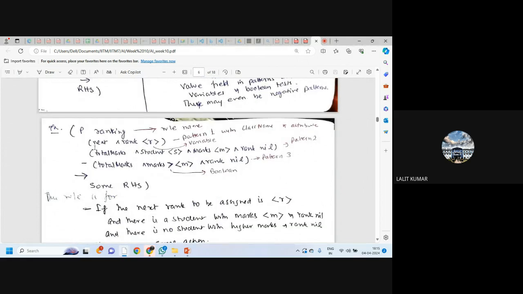Example is here. P means it is a rule. Ranking, this is the rule name. Then these are the patterns. Next, attribute rank, and if it is enclosed in less than and greater than, then it means this is a variable.